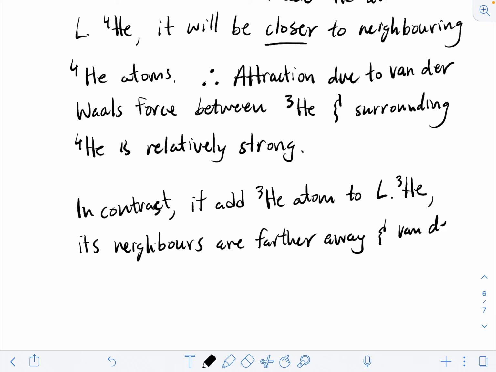And the van der Waals attraction is weaker.